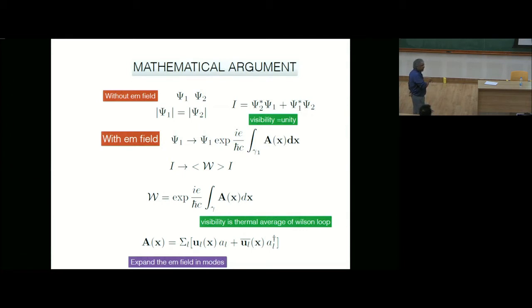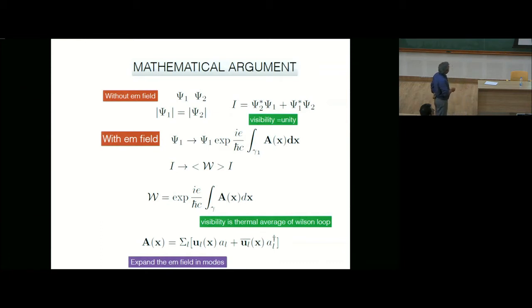Instead of using e to the power of ikx as the modes, with also polarization degrees of freedom thrown in, you use slightly different modes and use exactly the same algebra. So what you do is you take the vector potential and expand it out in terms of modes. L is a mode sum.